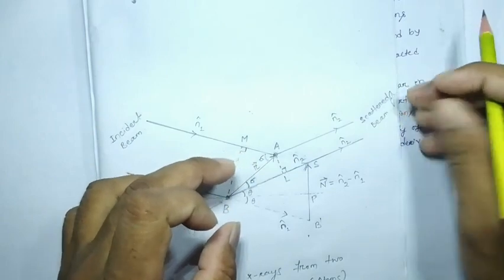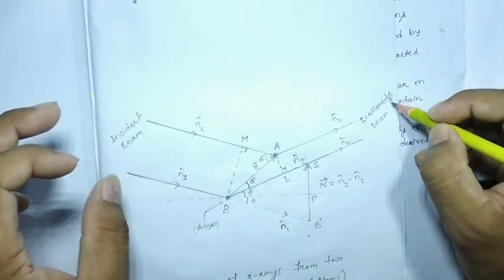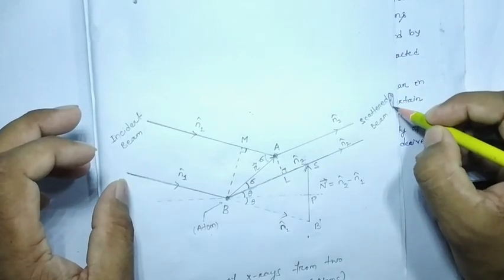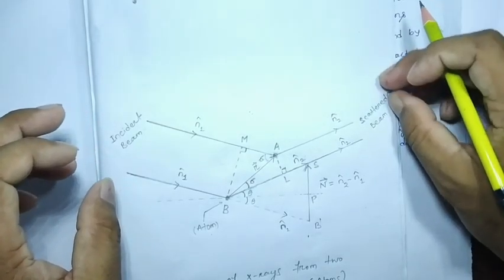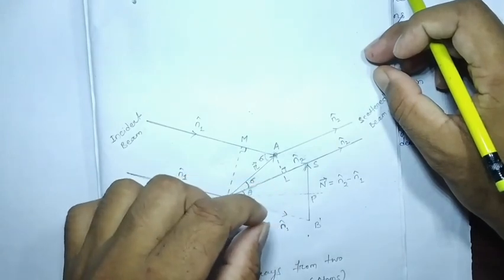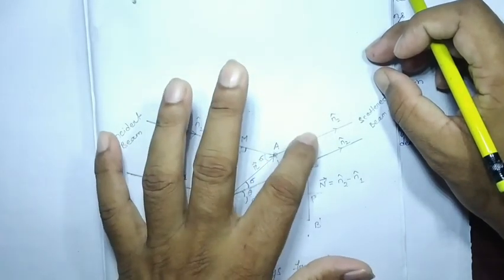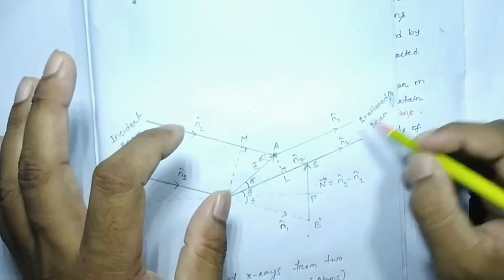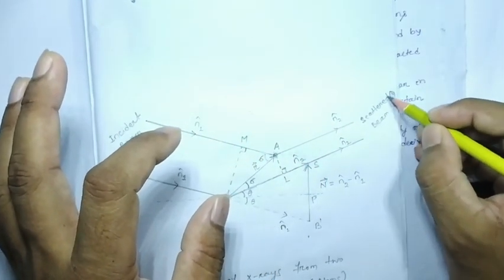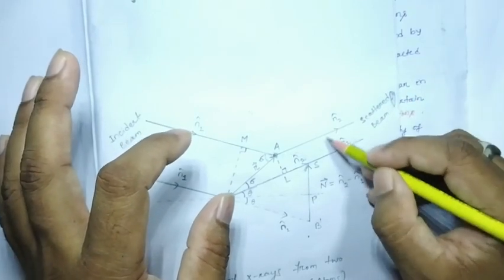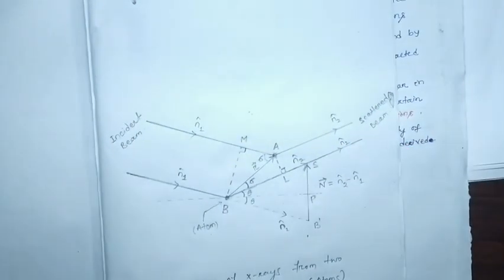So if I change the position of the sensor, we may not find constructive interference between the two rays, but at this particular place this sensor will detect that these two rays are interfering constructively.